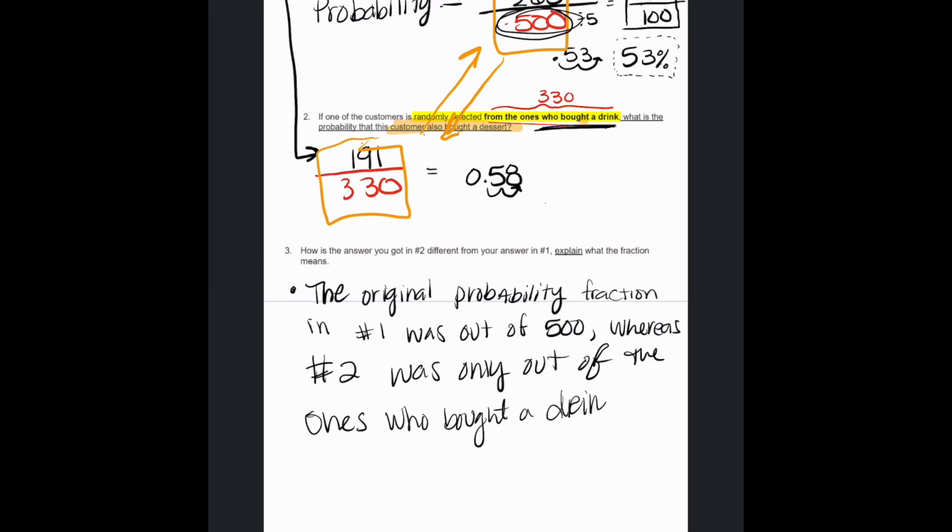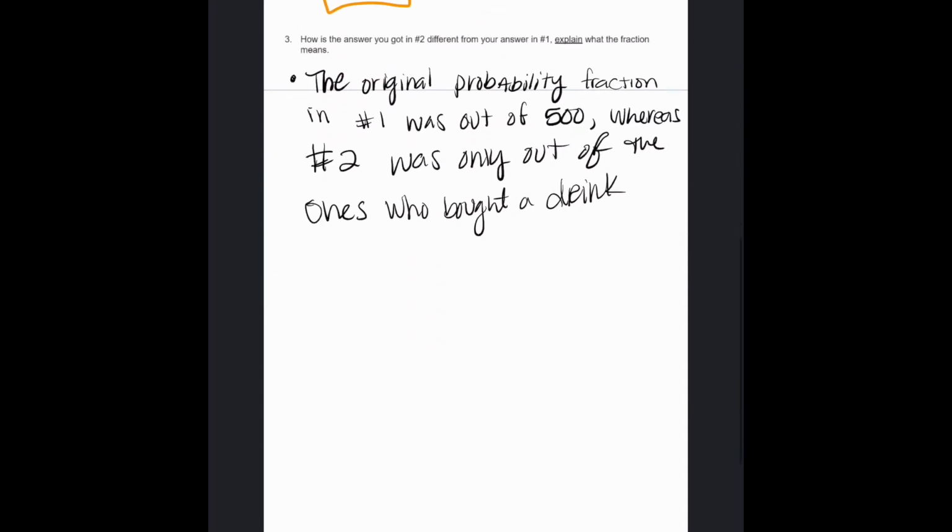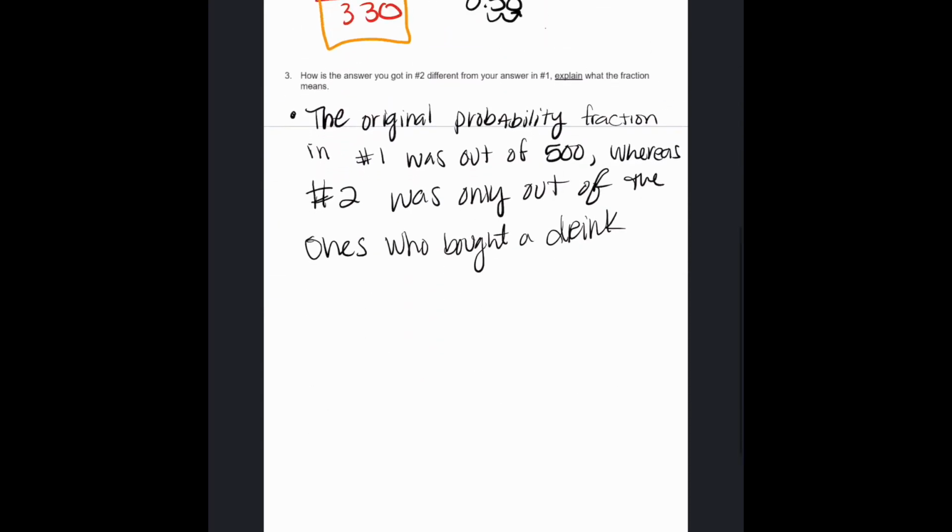Sheesh, my handwriting is sloppy. So the original probability fraction in number 1 was out of 500, whereas number 2 was only out of the ones who bought a drink, which was only 330. You could say something like that.